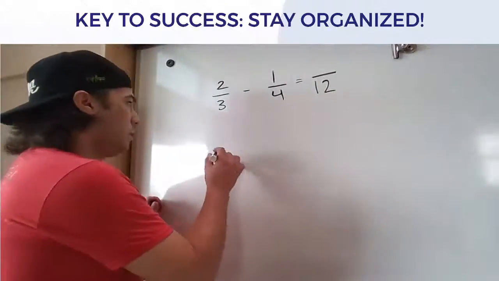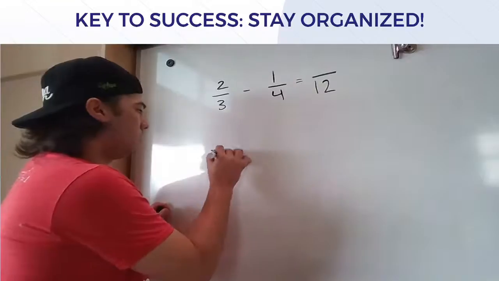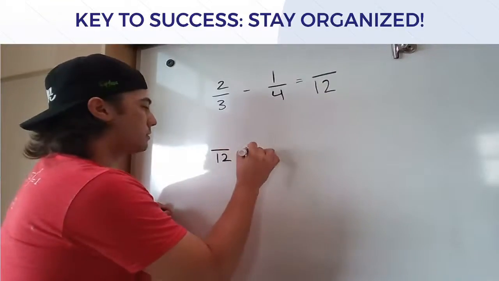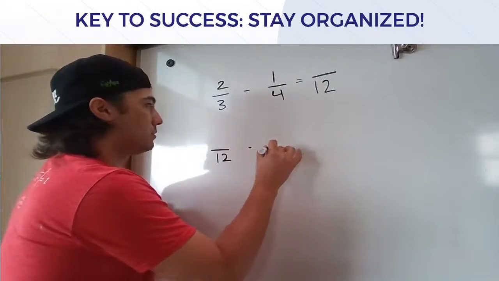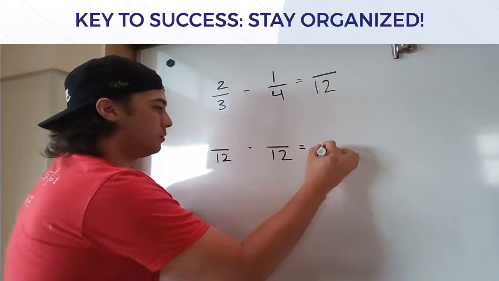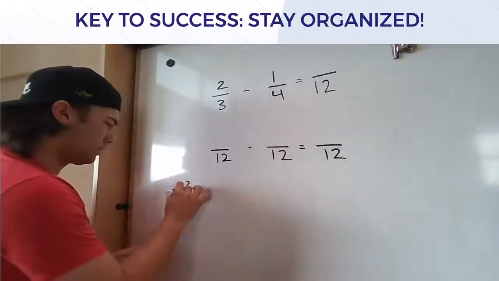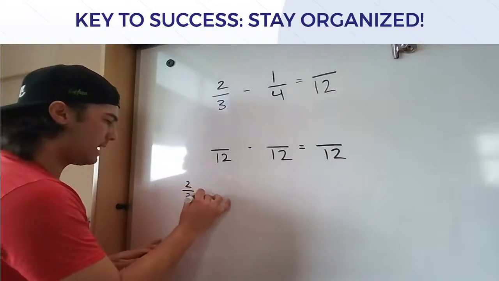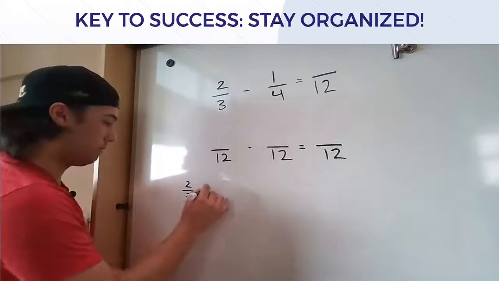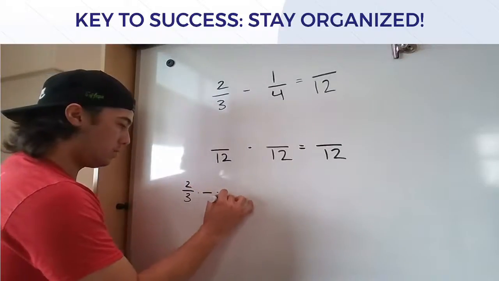So let's rewrite it below. We're going to have some form of twelfths minus some form of twelfths equals some form of twelfths. So let's figure out 2/3 times some equivalent of 1 is going to equal twelfths.